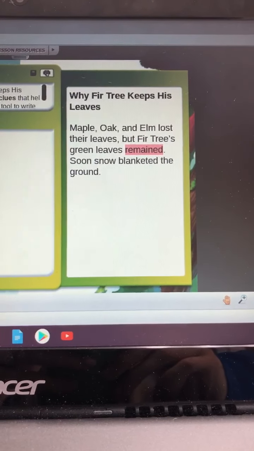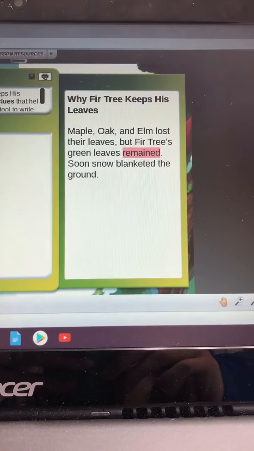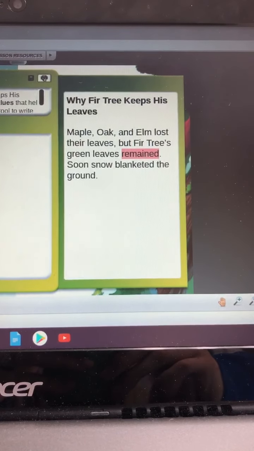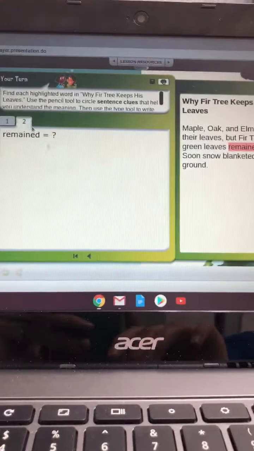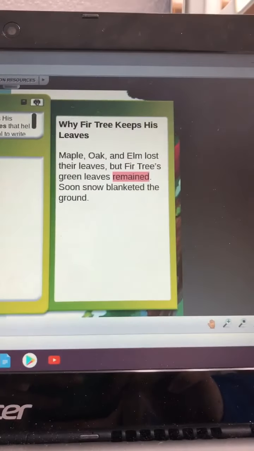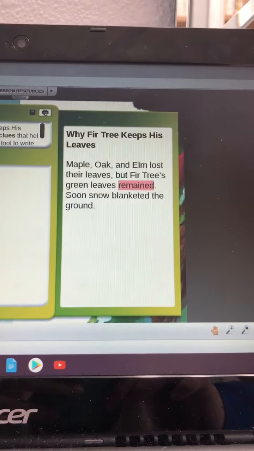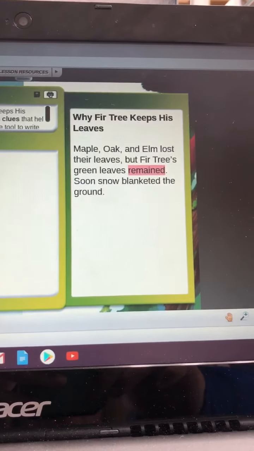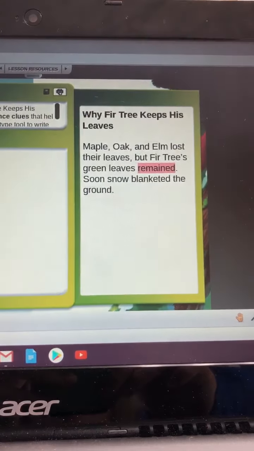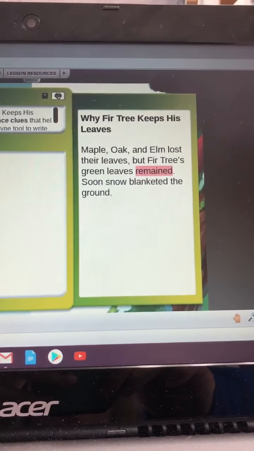So if they lost their leaves, they no longer have them. But fir tree's green leaves remained, which means that fir tree's leaves must still be on the tree. So remained must mean still be there or stays. Okay, does that make sense? Maple, oak, and elm lost their leaves, but fir tree's green leaves stayed or they remained.